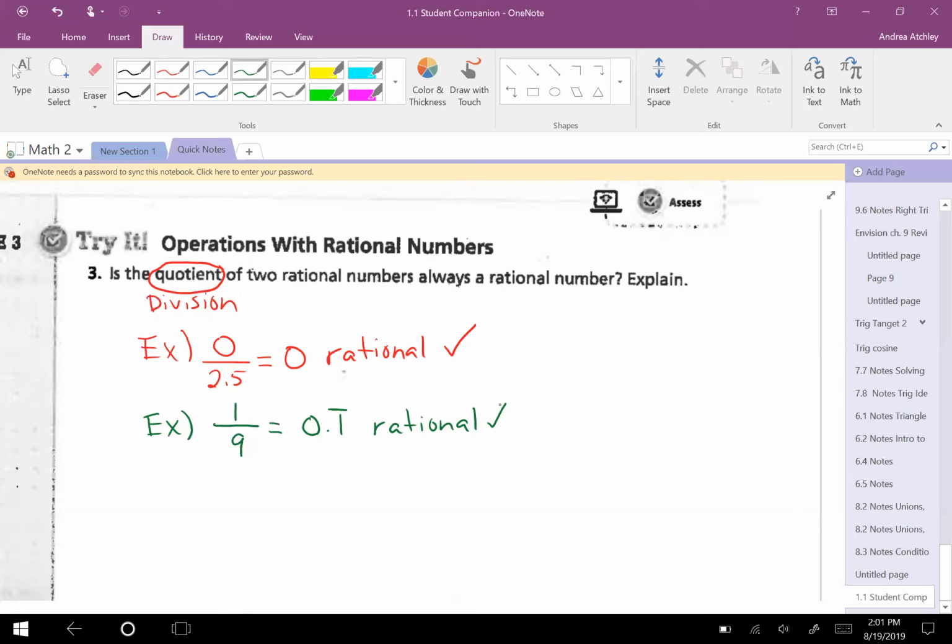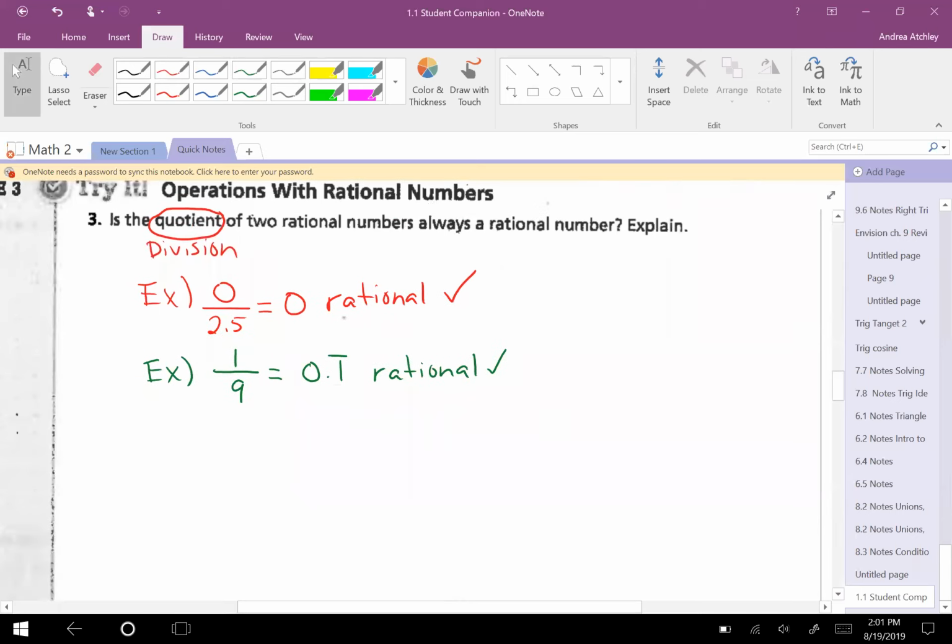To find the always, because we can't use every number in the world, we'd be here forever, you're going to use variables that can represent any number in the world. Okay?